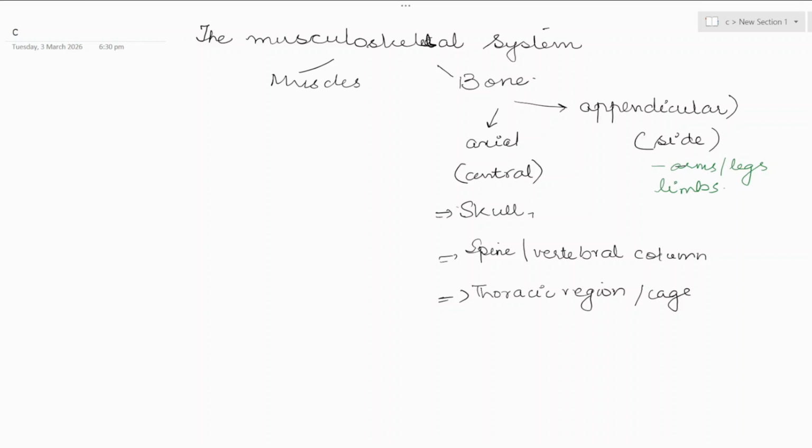Then we have shoulders. These shoulders are known as the pectoral girdle. I know it's a difficult name, but we need to revise and recall it again and again. When we talk about the pectoral girdle, if you hold your shoulder, you can feel different bones.